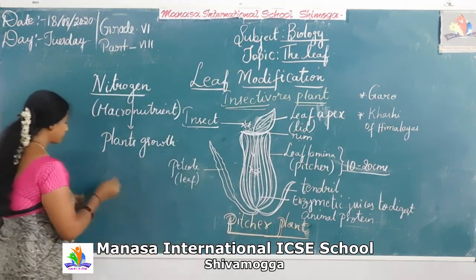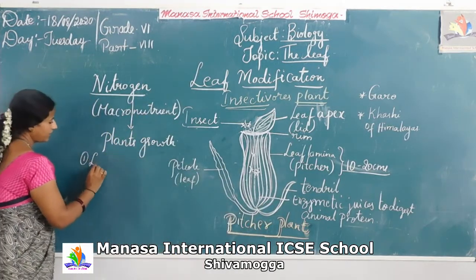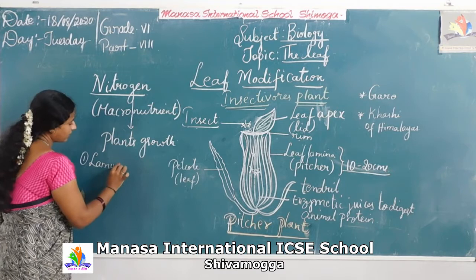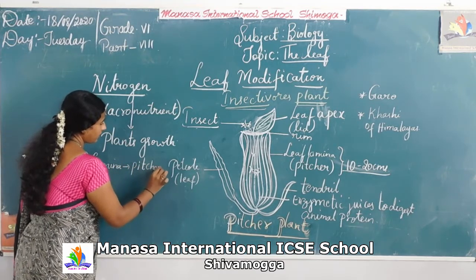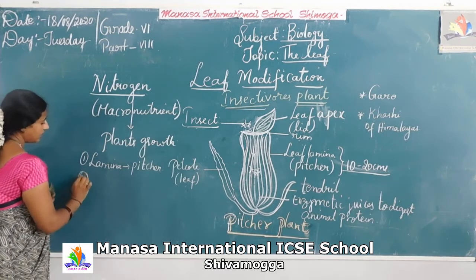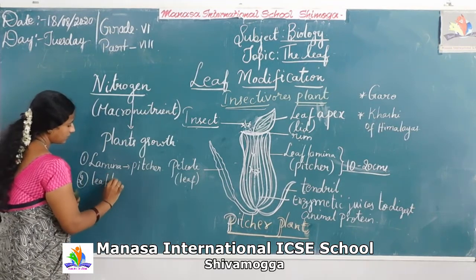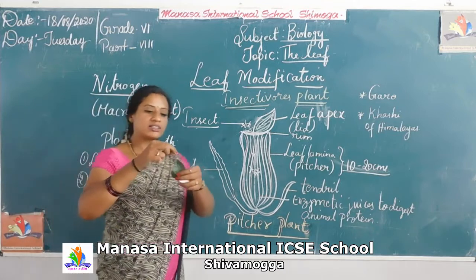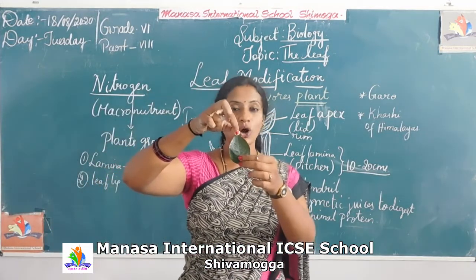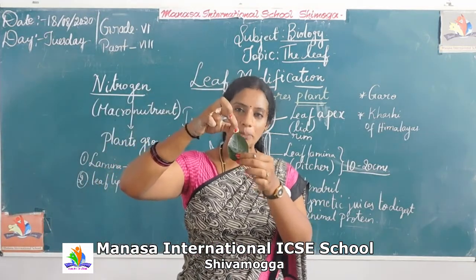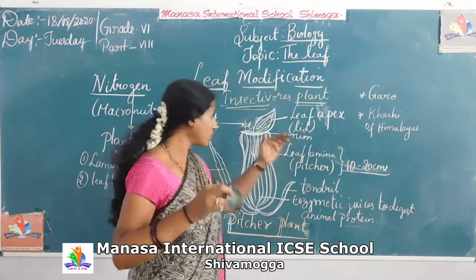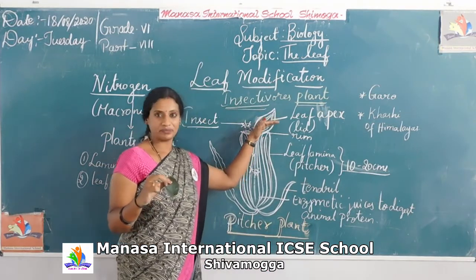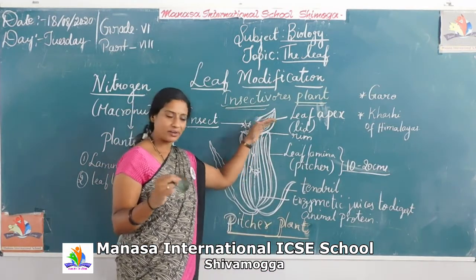Let me write here: leaf lamina is formed into pitcher. And the leaf tip, or leaf apex, is modified into the lid.